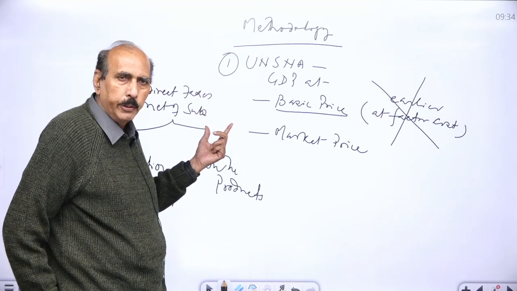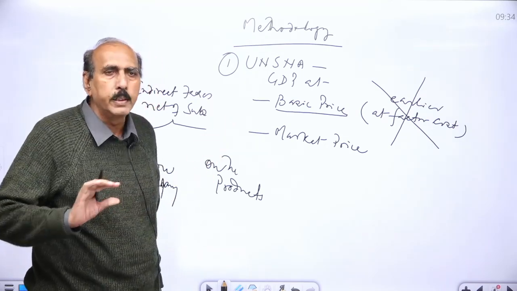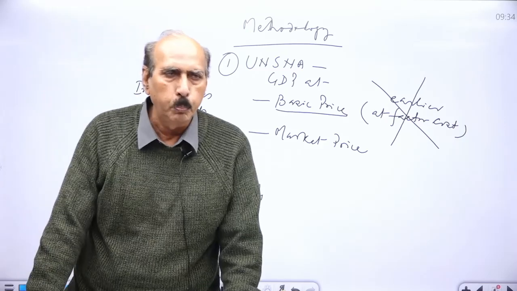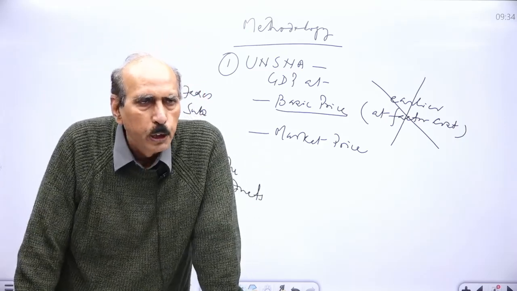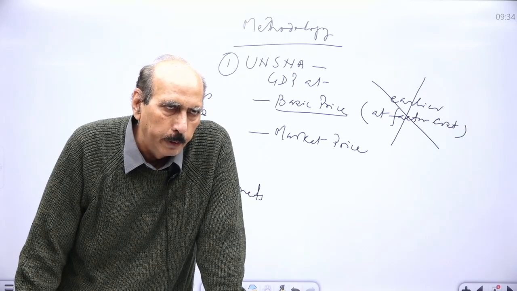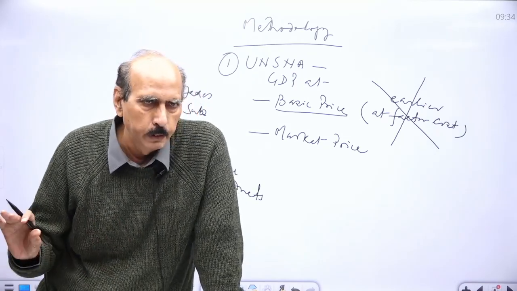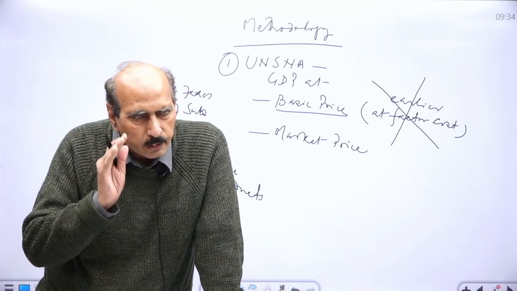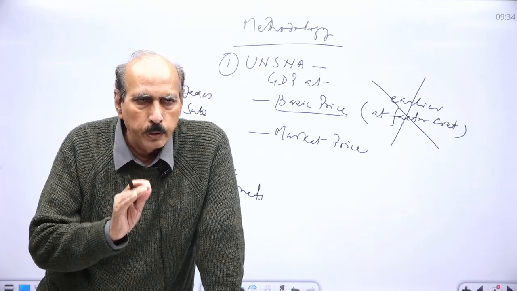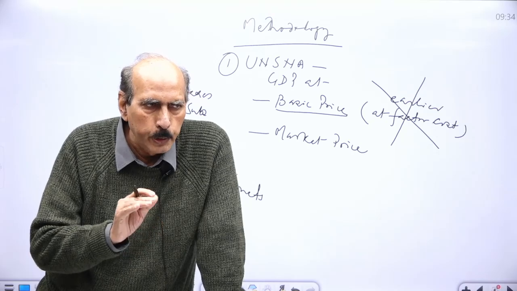Therefore, we have to find out how much indirect tax is paid by a company during the process of production. अभी इस पे कोई एक्साइज नहीं लगी है, कोई जीएसटी नहीं लगी है. अभी वो टैक्सेस काउंट कर रहे हैं हम which the producer has to pay during the process of production.